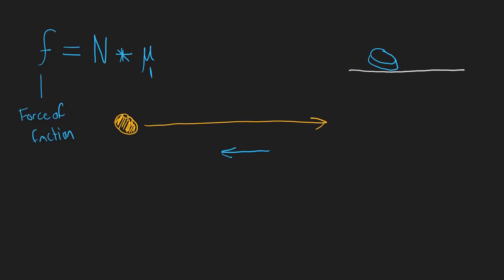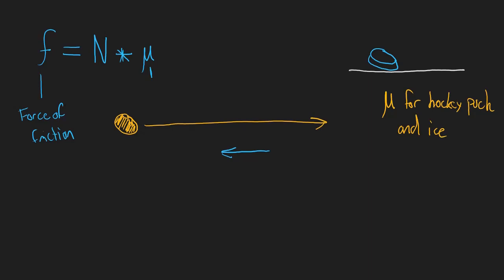So for those two things, the hockey puck and the ice, there would be a given coefficient of friction, mu, for the rubber of the hockey puck and ice. And so we can't change mu without changing the surfaces.